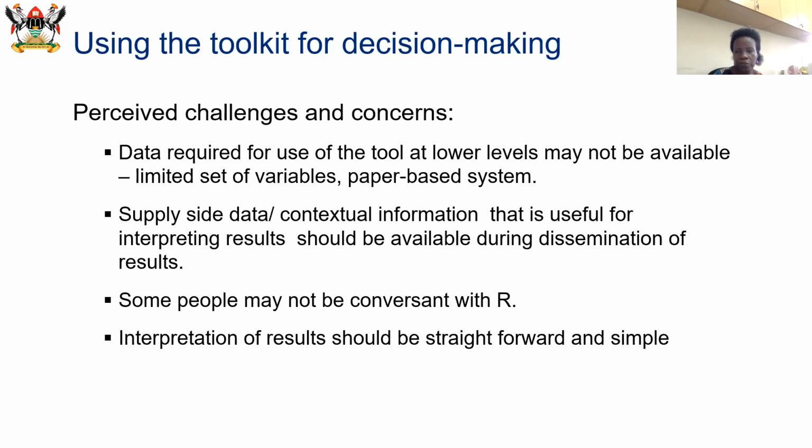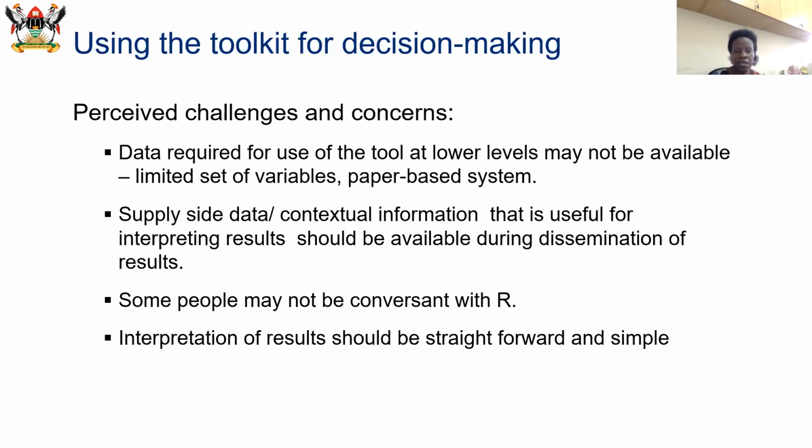Looking at the example of immunization, at times you find that there are supply side factors, perhaps related to stockouts in vaccines, perhaps related to the immunization outreaches that may not have happened for one reason or another. So you find that you need supply side data, you need contextual information that can help you to be able to explain the results that are seen.